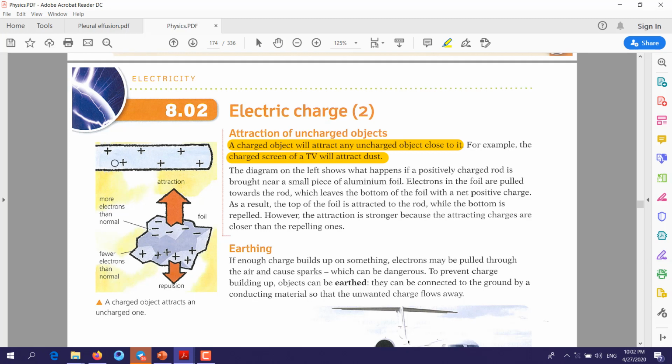So this positive charge will be attracted to all the negative charge on this aluminium foil. What this means is that charged objects will attract uncharged objects.